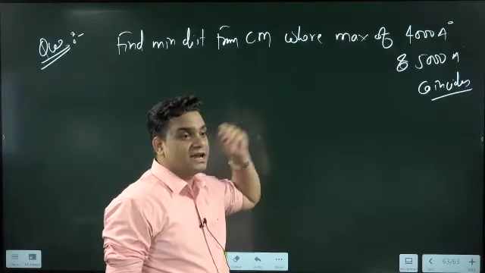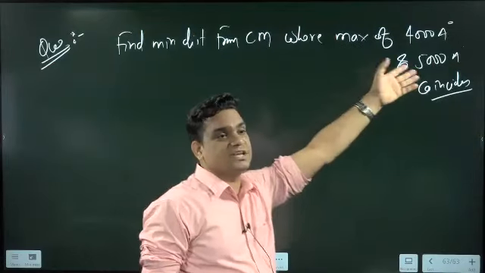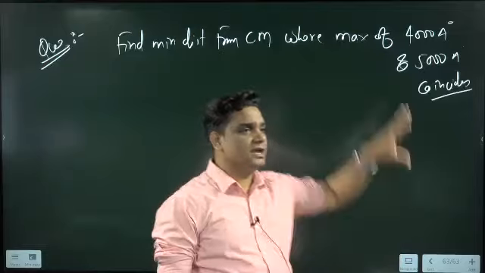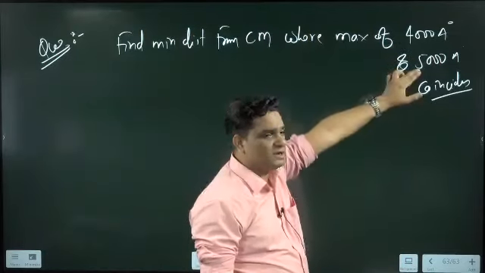They can also go like this: the nth maxima of 4,000 coincides with the n plus 1 maxima of 5,000. This is also the question. Nth of this and n plus 1 of this, what is the n?